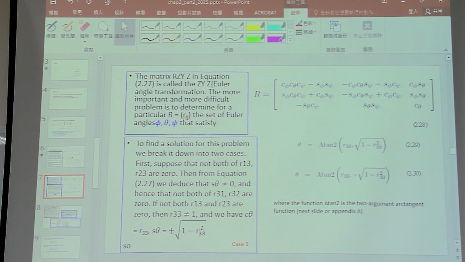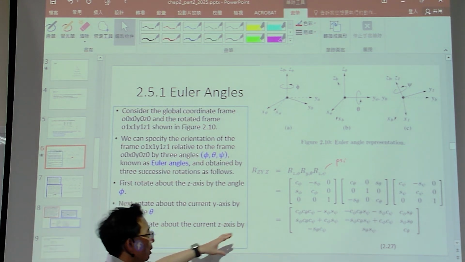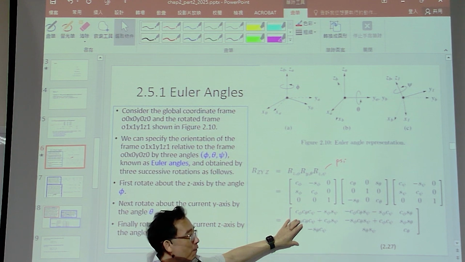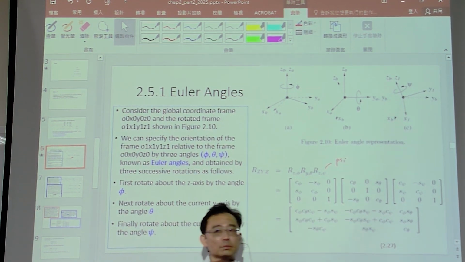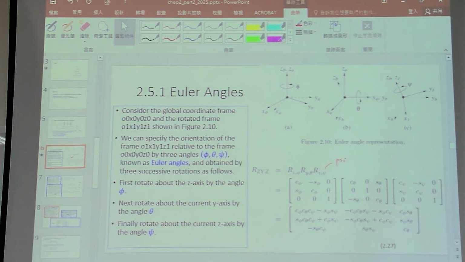Why do I need to know this is a Euler system? Because in some cases, we provide you the rotation matrix with the 9 numerical values. We provide you the numerical final result. Then how can you know each of the angles from the matrix? This is called the inverse problem. It means I already have the result, and I need to find out what the angle is.